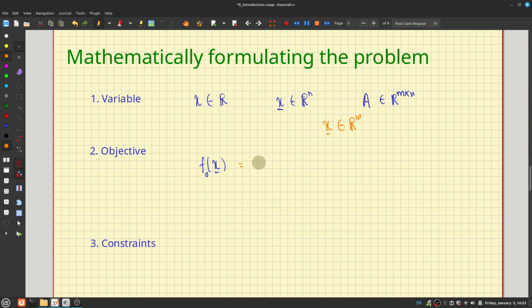If I invest 1 rupee into company 1, maybe the return is a 20% profit. So if I invest 1 rupee, then I get 1.2 rupees at the end of the year. If I invest 10 rupees, how much would I get? 12. So then how would you express the objective function in terms of the variable?